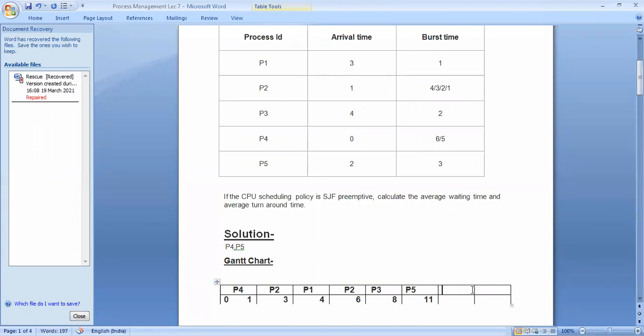Now next, which process? Only one process is left.